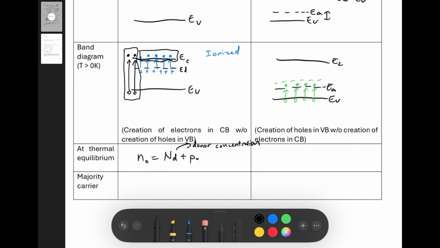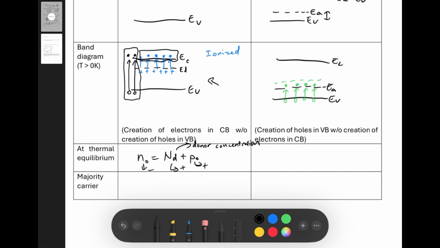This is the number of phosphorus atoms, for example, in this case, the number of phosphorus atoms that are doped. Okay, so why is this the case? As you can see, this is positive, and of course this is also positive because the hole is positive. The hole is the absence of an electron, and then this is the negative. So the amount of negative equals the total number of positive. This corresponds to the band diagram here, as you can see.